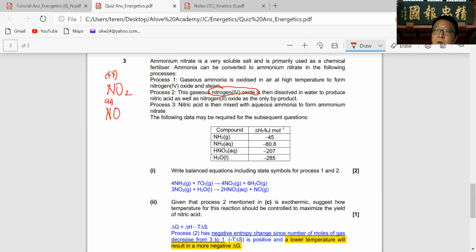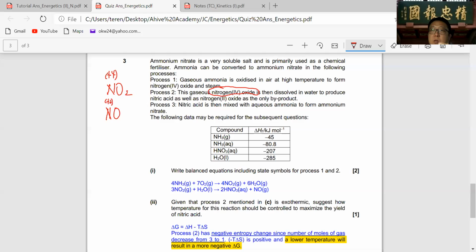So you need a lower temperature so that this negative T delta S is a smaller positive number. Then your enthalpy over here plus the smaller positive number, you will end up with delta G being negative.